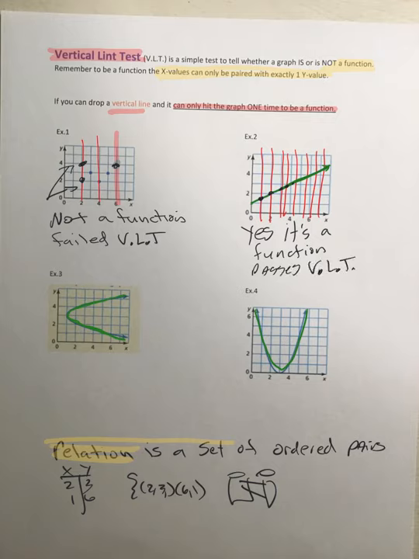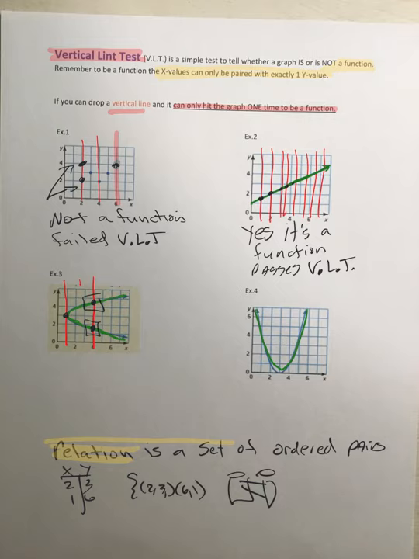Let's look at example number 3. What do you think? Is that a function? Yes or no? Does it pass the vertical line test or fail? If you drop a vertical line here, it only hits once. But what if you drop any other vertical line? Doesn't it hit twice? So if you can drop a vertical line and it hits more than one time, then what is it?